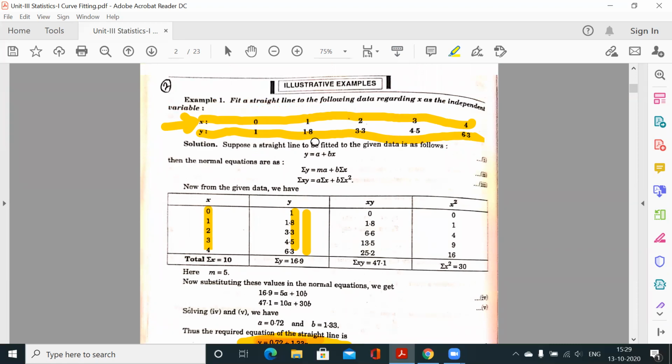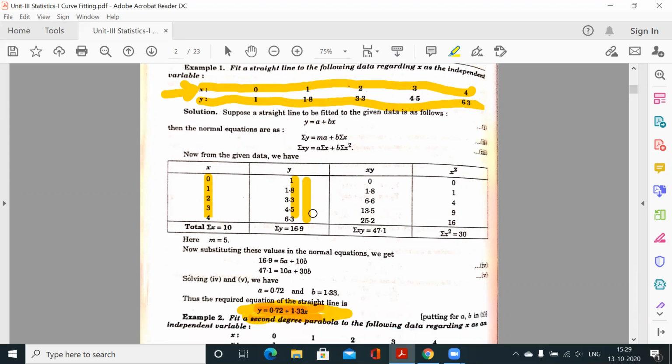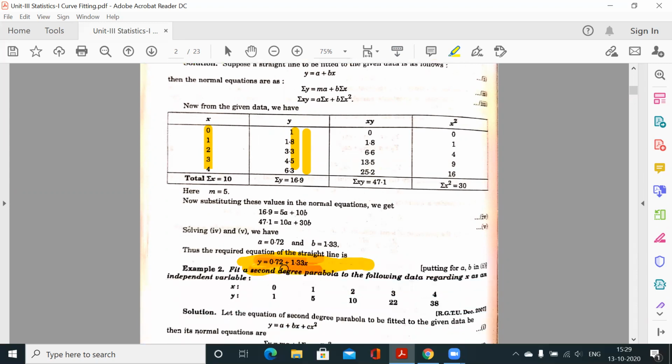So we cannot guess the exact function, because this is a very typical function. In that case, the only option left is to guess the function. So in this topic, curve fitting, we have to get one approximate function which satisfies this set of values.